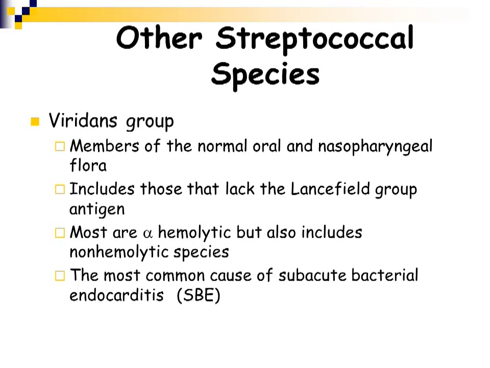Again, they lack Lancefield antigens. Most of the Viridans streptococcus species are alpha hemolytic or partial hemolytic, but there are some that can be non-hemolytic, and the Viridans streps are the most common cause of subacute bacterial endocarditis.